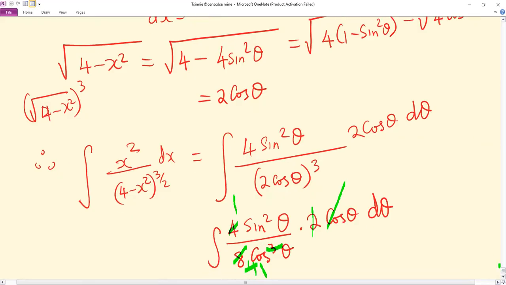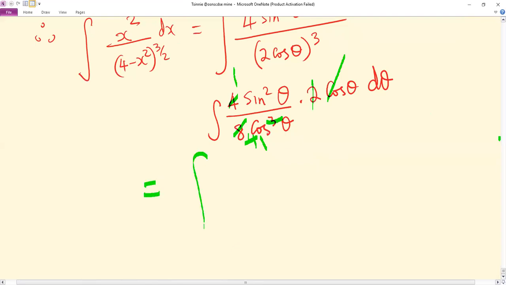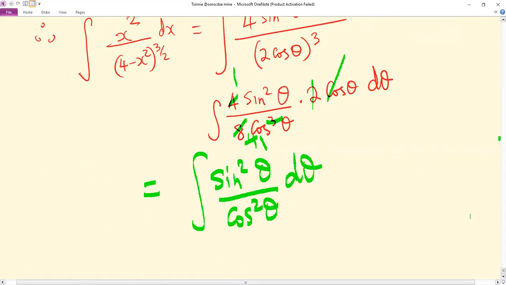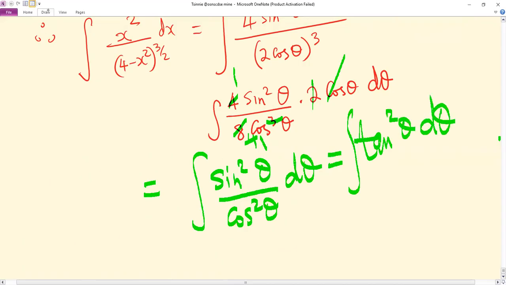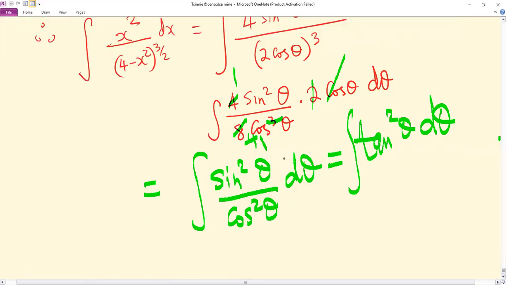So we'll have the integral of sine squared theta over cos squared theta, because only one cos cancelled out of the three, d theta. And this is the same as the integral of tan squared theta d theta. You know sine over cosine is tan theta, and if you square sine and square cos, you get tan squared.